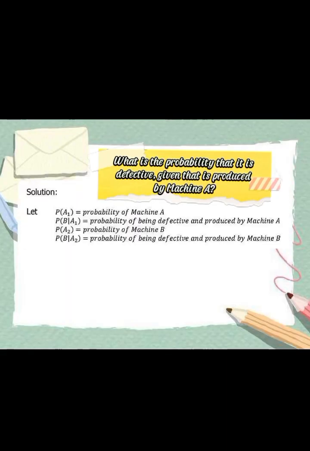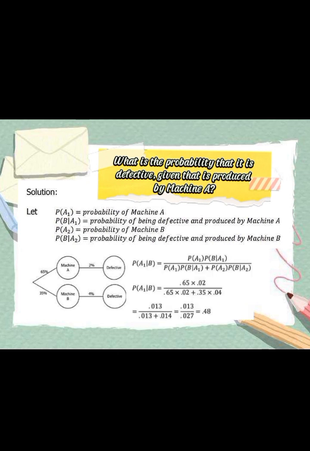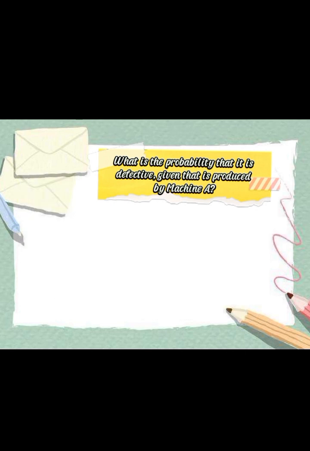What is the probability that an item is defective given that it is produced by machine A? Solution. Let A sub 1 be the event of machine A, D the event of being defective, A sub 2 the event of machine B. The equation is shown.